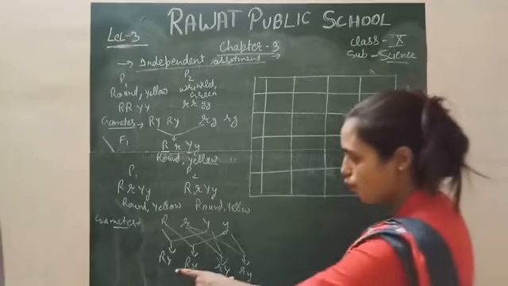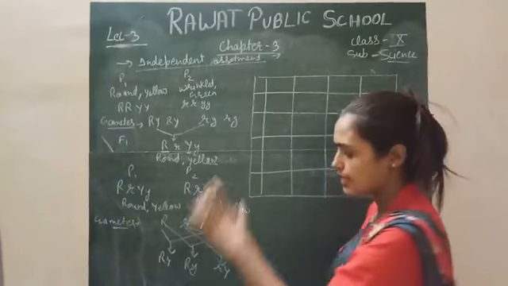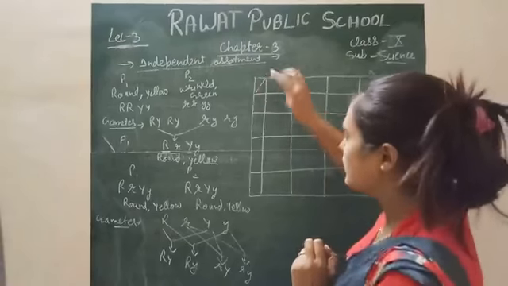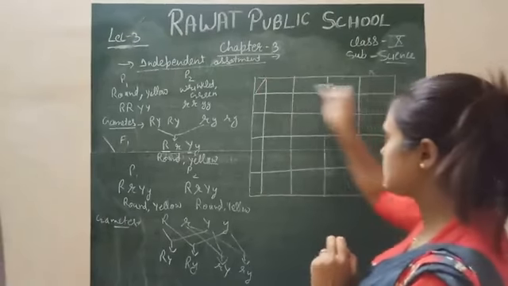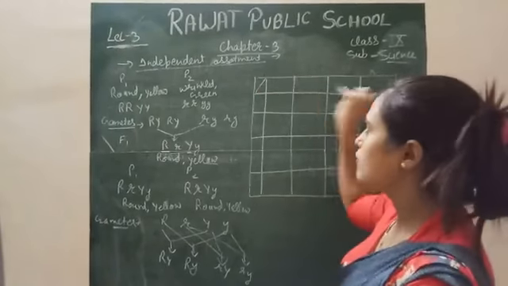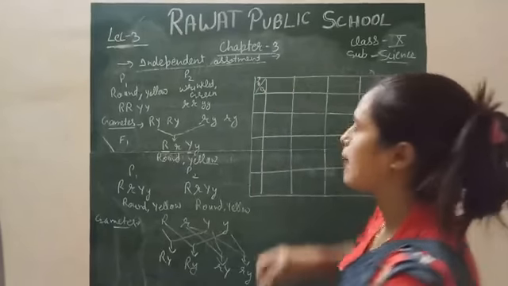We have 4 gametes from one parent and 4 gametes from another parent. You can say 4 from male and 4 from female. In these boxes, this is the horizontal row and this is the vertical row. In both the horizontal and vertical rows, we will put the male and female gametes simply.